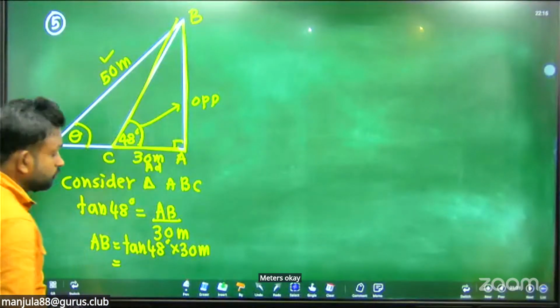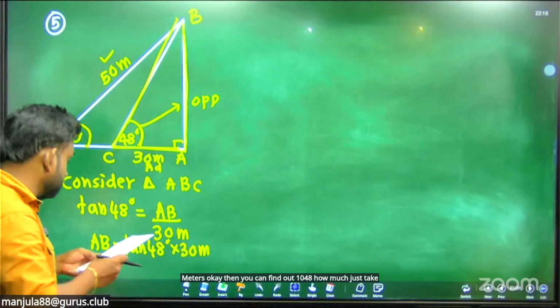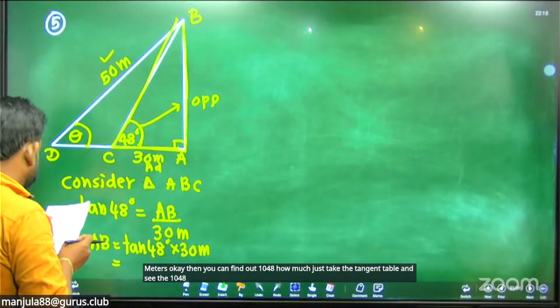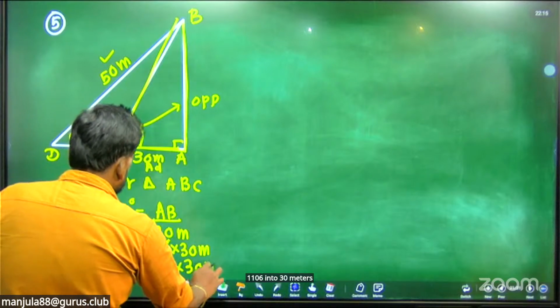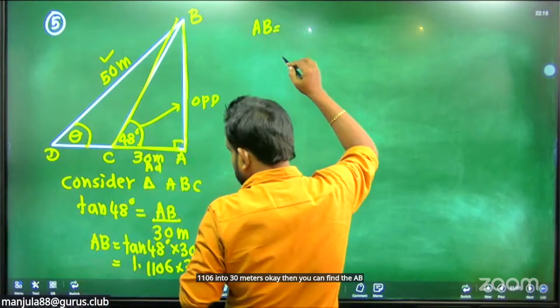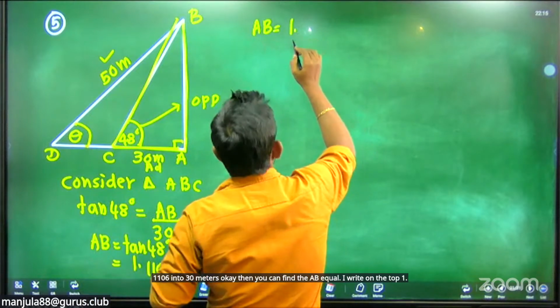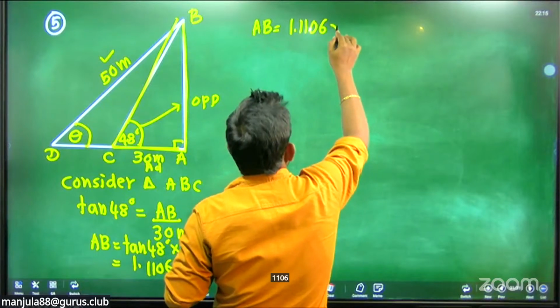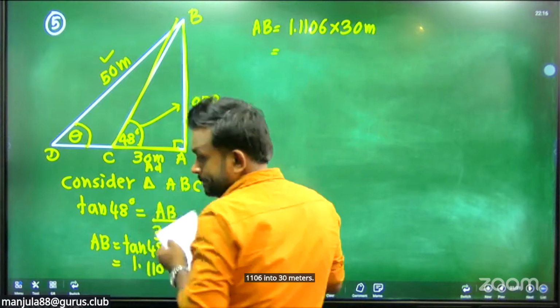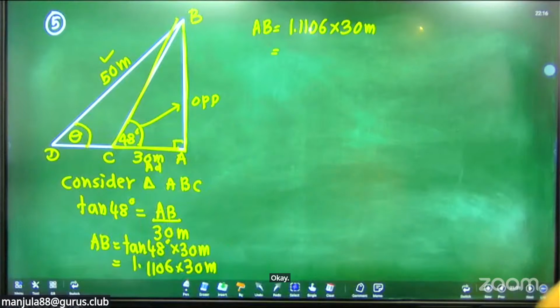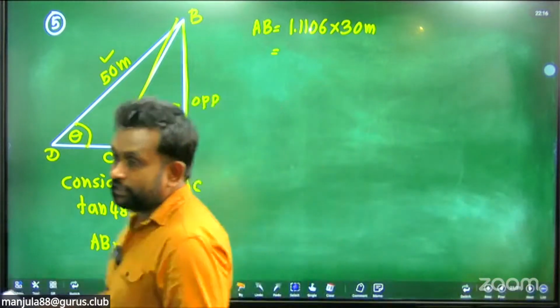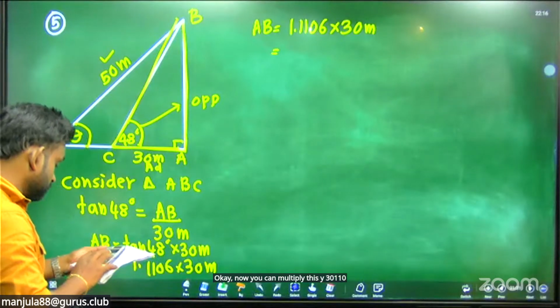Then you can find out tan 48. Just take the tangent table and see tan 48, which is 1.1106, into 30 meters. Now multiply 1.1106 by 30.